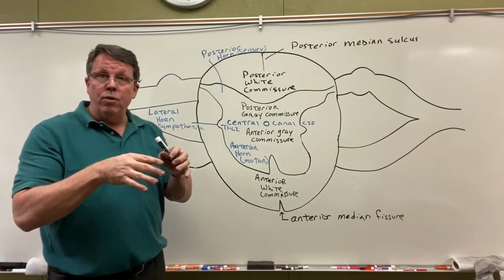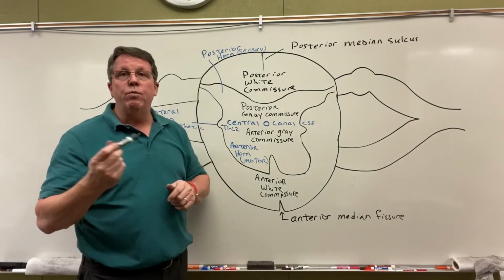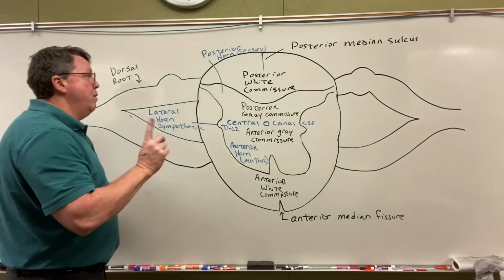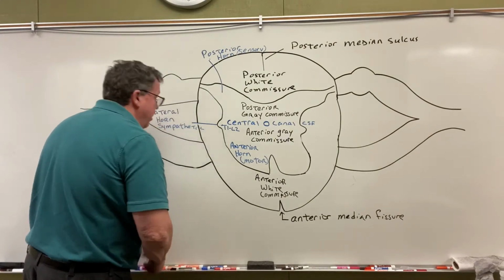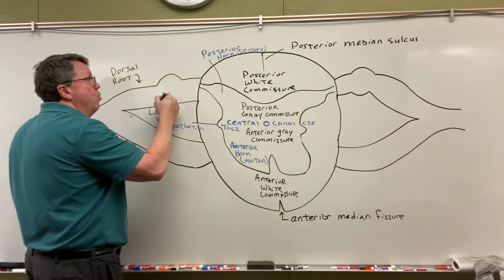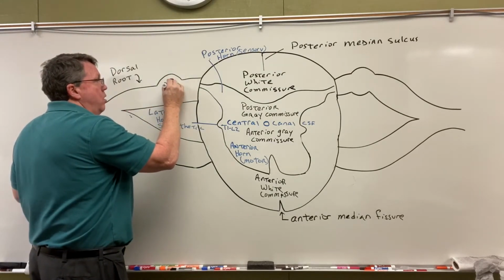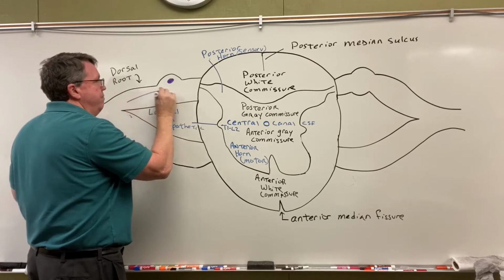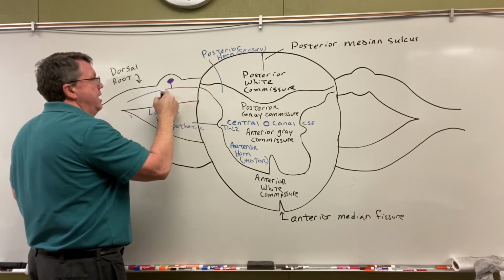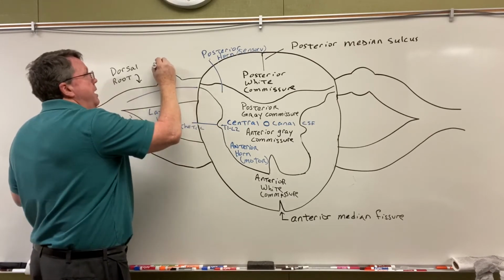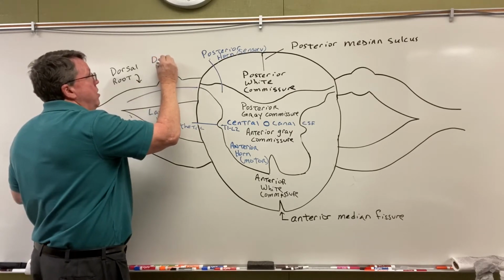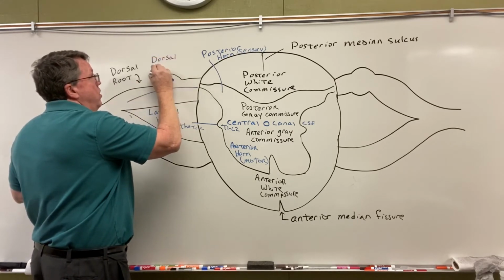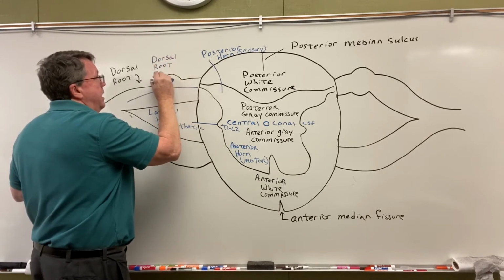If it was deeper in the brain and defined by a border, we call that a nucleus. Then we said if we have cell bodies out here in the peripheral nervous system, we called it a ganglion. And so this is my cell body right here. And because it's the dorsal root and this is a ganglion, we call this the dorsal root ganglion.